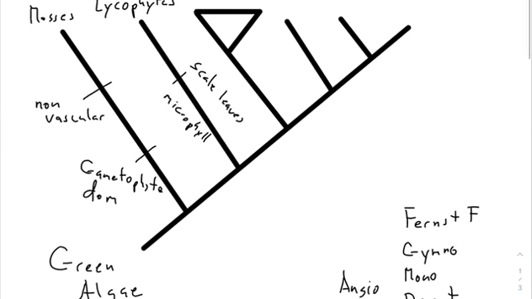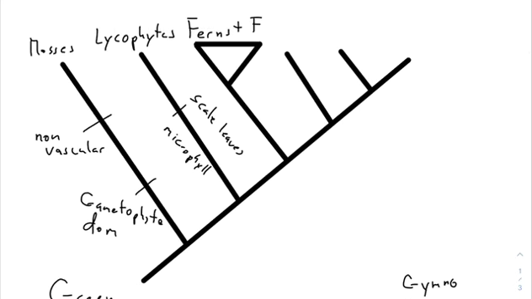The next group is a little bit more diverse, hence why it's got a little triangle above it. It's the ferns and the allies. Now, the ferns and their allies have a number of traits that are specific to them, but most notably, this entire lineage, everything afterwards, meaning that these groups and the ferns have megaphylls, or leaves with more than one vein, something that you're much more familiar with.